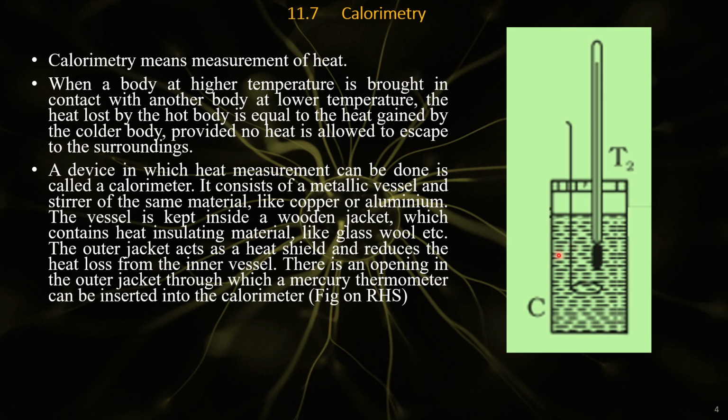The outer jacket acts as a heat shield and reduces the heat loss from the inner vessel. There is an opening in the outer jacket through which a mercury thermometer is inserted into the calorimeter. Please see the figure on the right hand side. This is the thermometer, this is the stirrer, and this is the vessel, with a wooden jacket for insulation: the calorimeter.